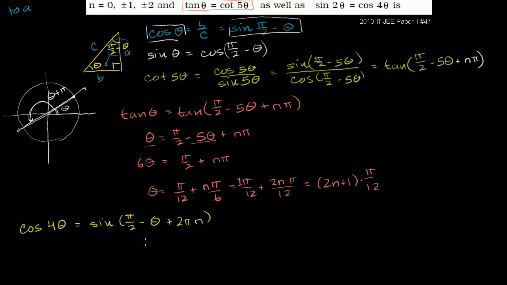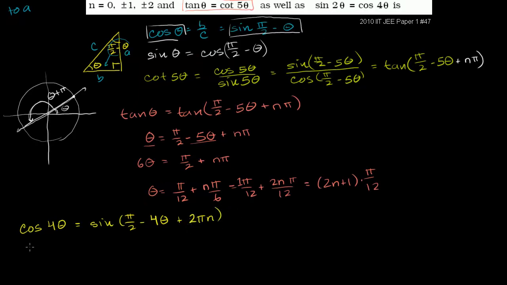So let me be careful. Cosine of 4 theta is not equal to sine of pi over 2 minus theta. That would be cosine of theta. If it's cosine of 4 theta, it's pi over 2 minus 4 theta plus multiples of 2 pi, so plus 2 pi n. Because obviously if you add multiples of 2 pi, you're going to go back to the same angle. So you go back up to this equation up here.